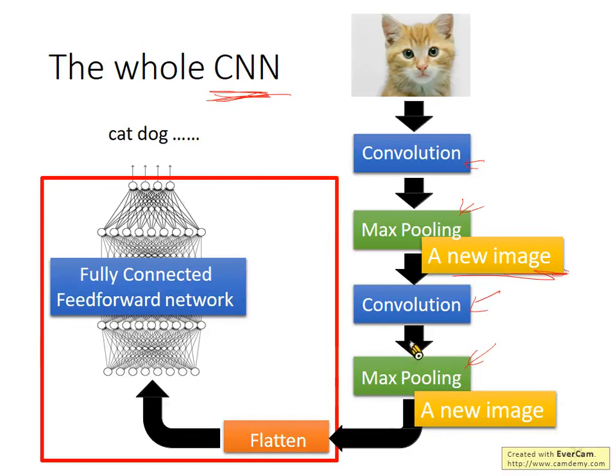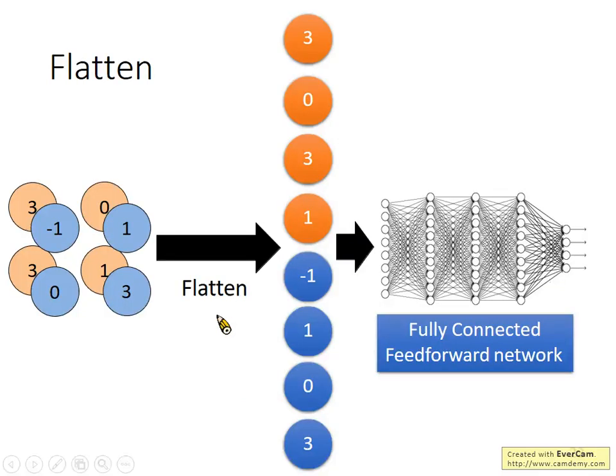And after repeating this process several times, we finally flatten the result, and then input the flattened result to the fully connected feed-forward network. So how can we do the flattening? Assume right now we have two new images. Okay, this is actually the pooling result of the feature maps. So we have 3, 0, 3, 1, -1, 1, 0, 3. How can we do flatten? Flatten is actually simple. We just go through all the results of this feature map.